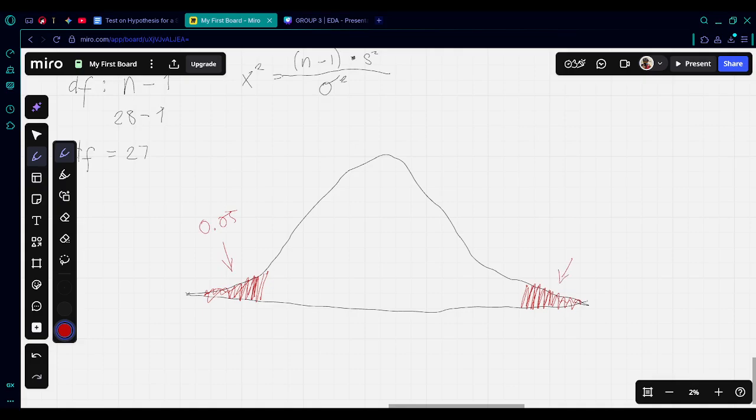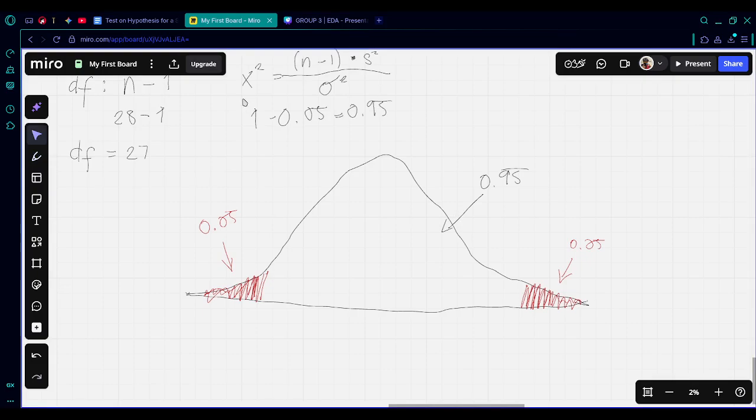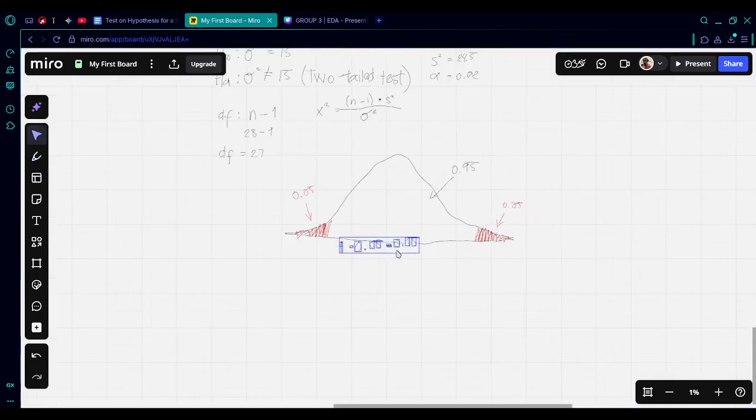This is 0.05 as well. And we have here our acceptance region, 0.95, since to get the acceptance region, we just have to subtract 0.05 from 1. So that is 0.95.